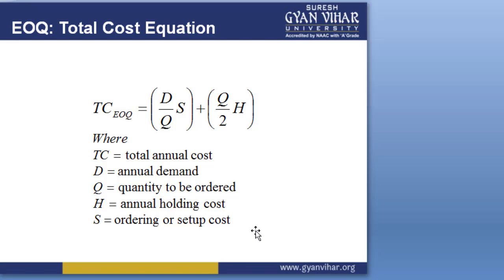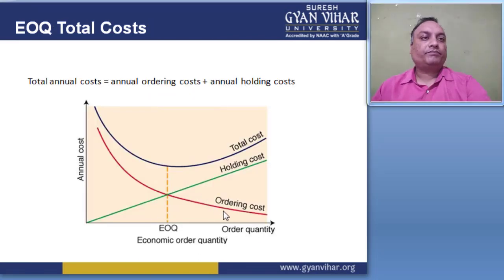If the order quantity increases, the ordering cost continuously decreases, but the annual holding cost increases. This curve is sometimes called the bathtub curve, a parabolic curve that represents the total annual cost, the annual ordering cost plus annual holding cost.